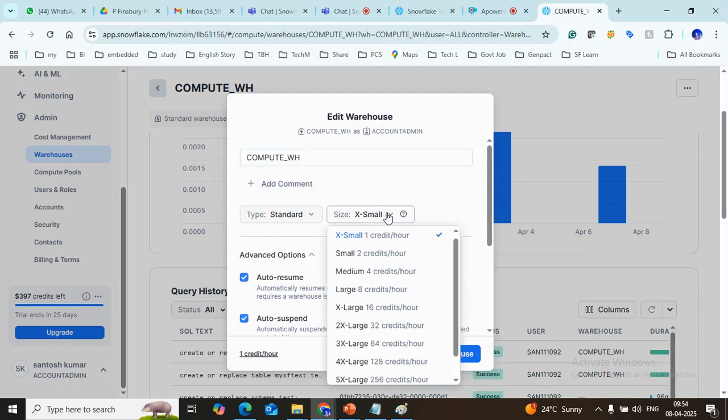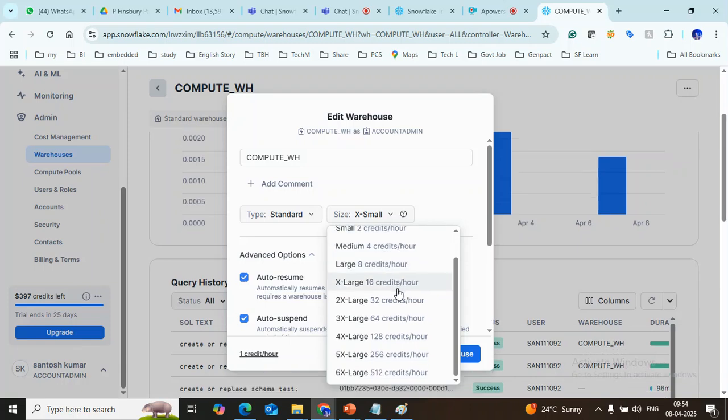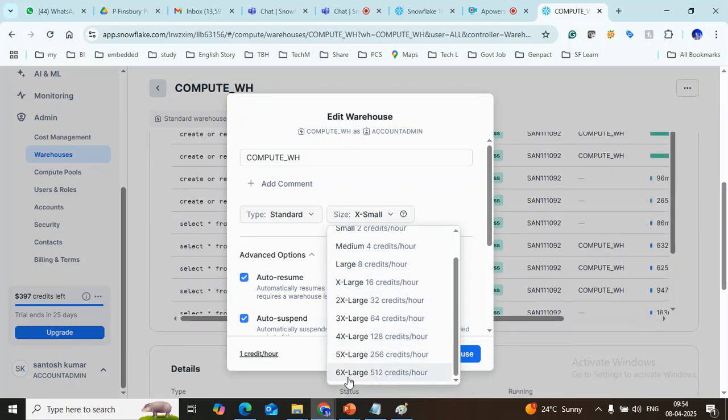If you see, an extra small charges 1 credit per hour. And if you are using the maximum size, 6XL, then it is charged 520 credits per hour. Got it?